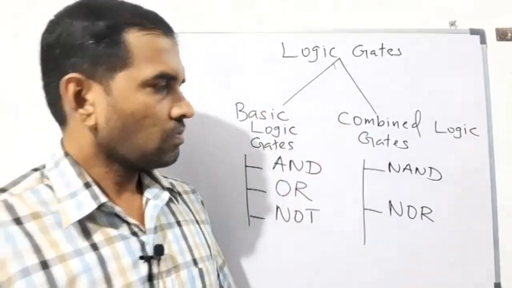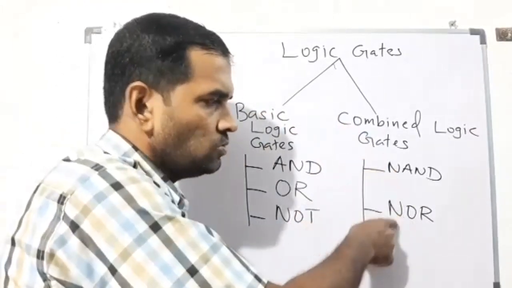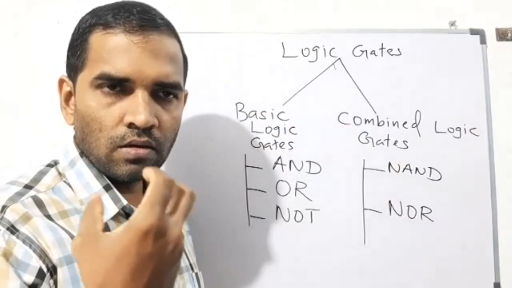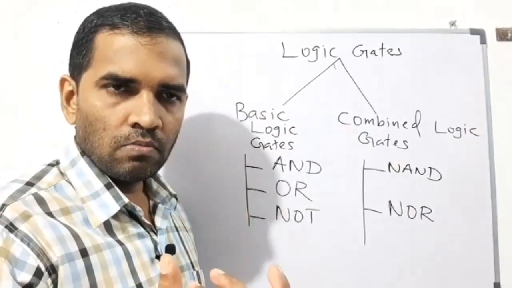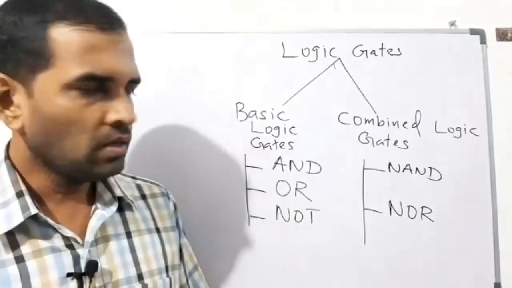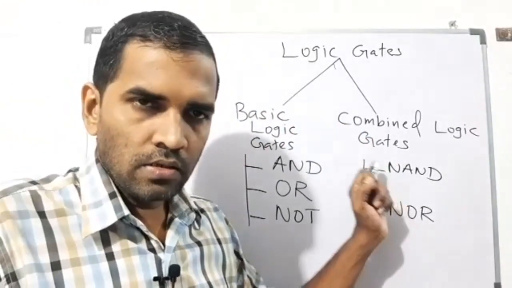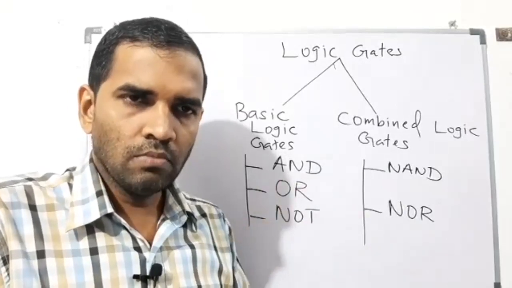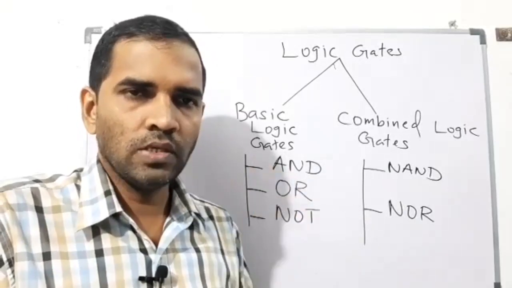Look, these two gates are built by combining two basic gates. I repeat, NAND gate and NOR gate are built by combining two basic gates.